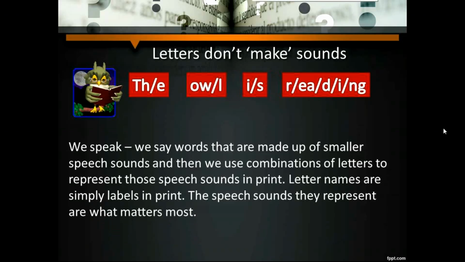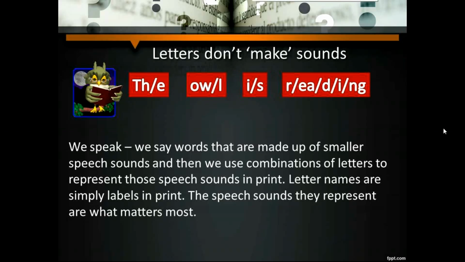So they start with a letter written on a page and then teach that that letter is representing a particular sound. This approach works the other way. It starts with the sound and then teaches the different combinations of letters that can represent each of those sounds.